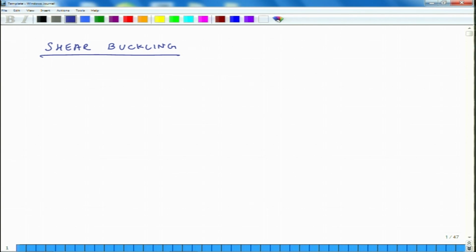So, schematically, if I have a rectangular composite plate, and I will be subjecting it to shear, it is being subjected to shear stresses or shear forces on all of its edges.